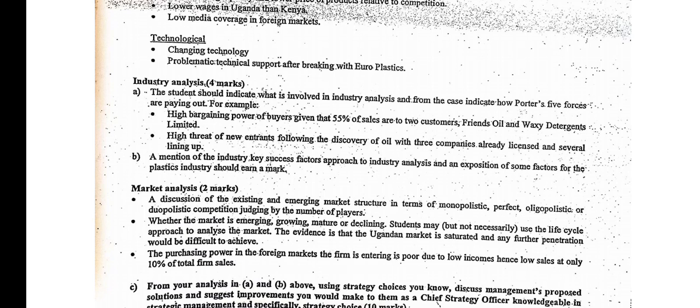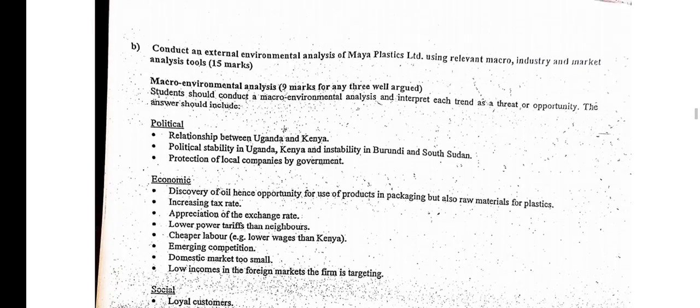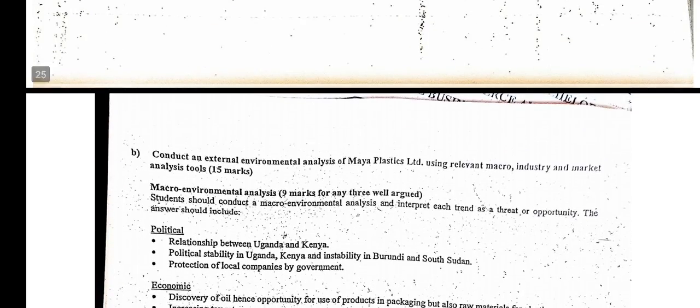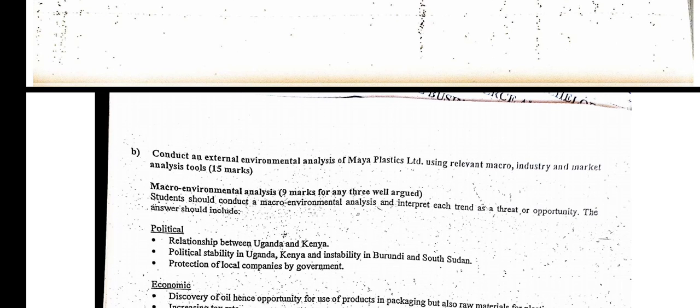Yeah, whether there is an emerging market, growing nature or declining, you explain the existing market. Yeah, market analysis. You talk about the purchasing power of buyers in the market, like that. Because here they asked for relevant macro, industry and then market analysis tools.